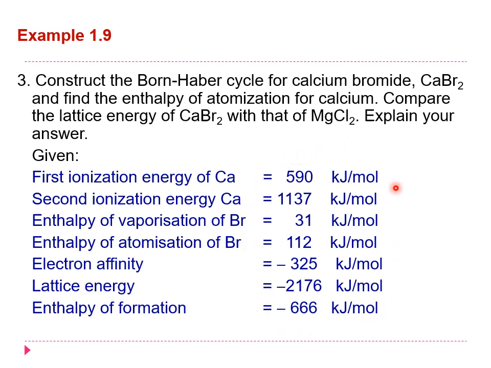The data is given below, and we have IE, first IE, second IE, enthalpy of vaporization, and atomization of Br, EA, lattice energy, enthalpy of formation. So what is not here is the enthalpy of atomization for calcium. So let's do the Born-Haber cycle in the next page.